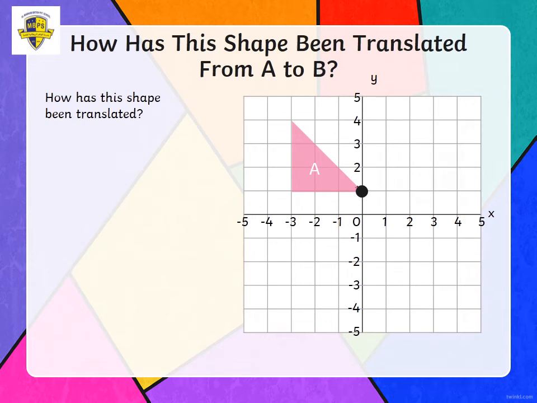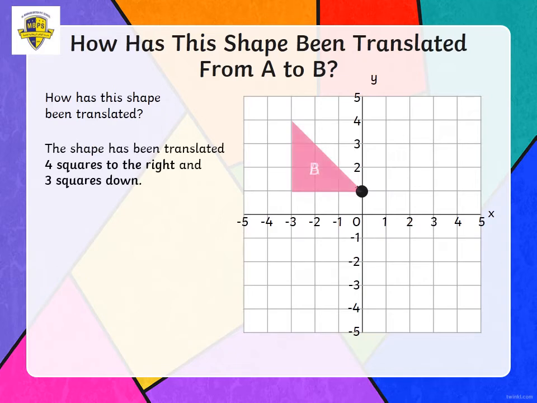Here another shape, and the question is the same. How has this shape been translated from A to B? So let's check. Look at the black point and observe the translation. This is moving to the right. Good. Then down. So let's check how many steps to the right. The black point on X, it was where? 0.